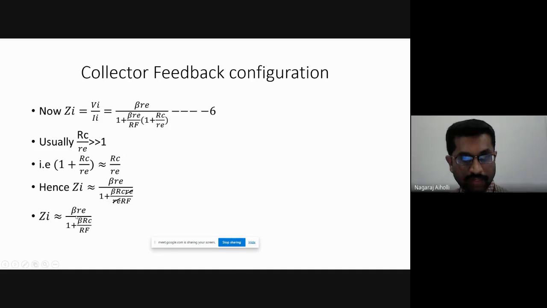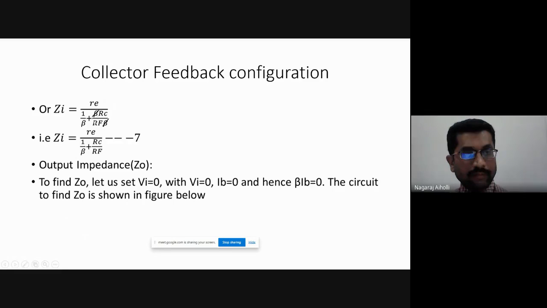Beta RE by beta will be only RE. In the denominator it is 1 by beta plus beta by beta cancels, plus RC by RF. That is our next equation. Zi is equal to RE divided by 1 upon beta plus RC by RF.